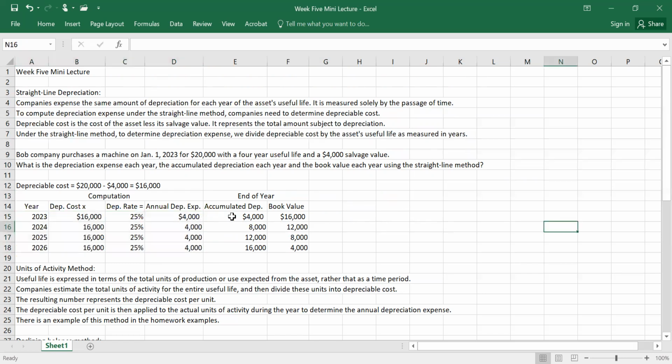What's going to change is accumulated depreciation. So in year 1, we have accumulated depreciation of 4,000. If we took 20,000 and subtracted 4,000, we'd get our book value of 16,000. In year 2, we're going to have accumulated depreciation of 8,000, 4,000 for year 1, 4,000 for year 2.